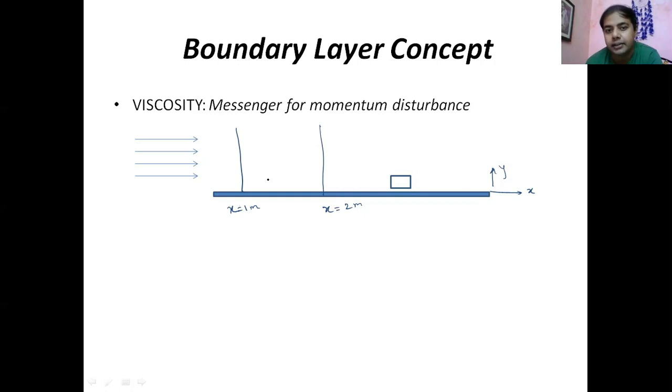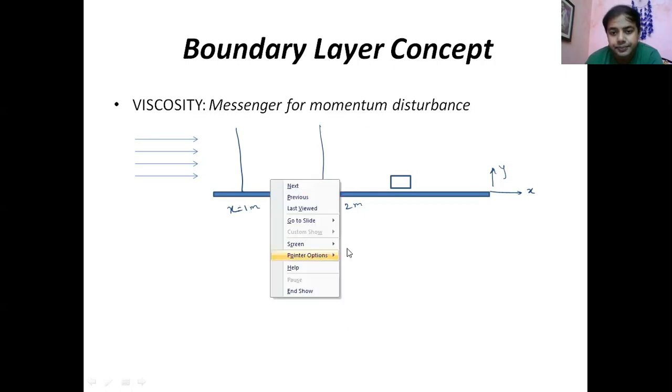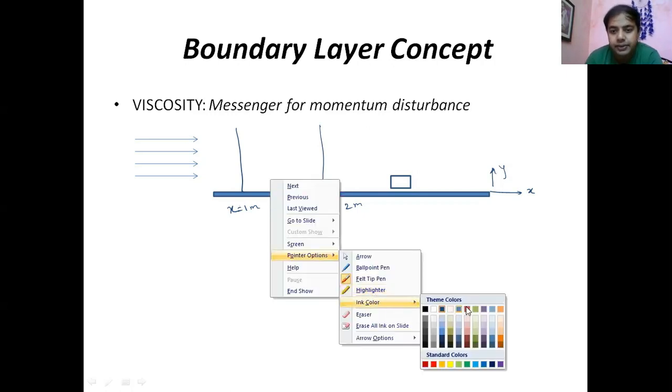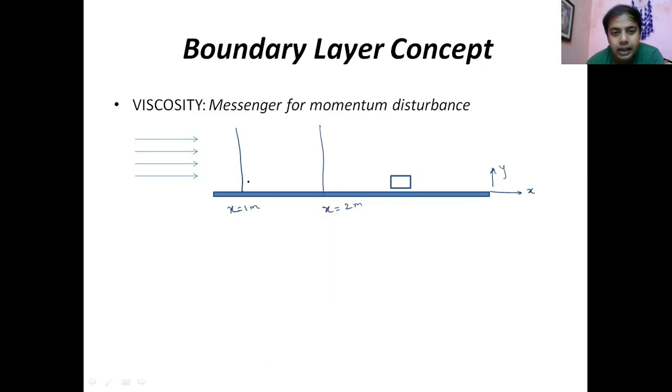The velocity profile: at the above layer the velocity is higher, further higher, and here it will get 99% of the initial velocity. So here is the velocity profile.